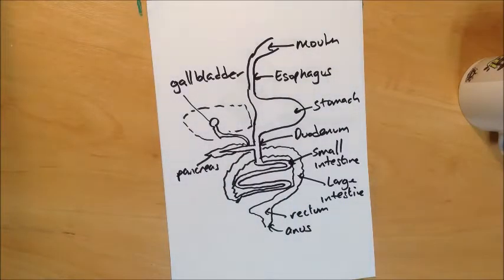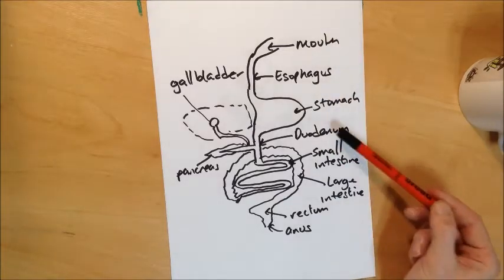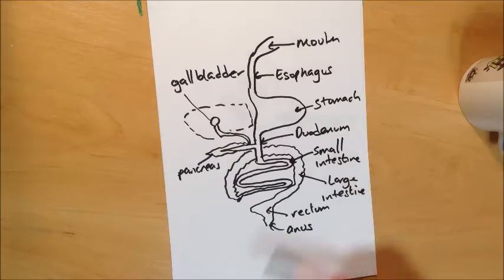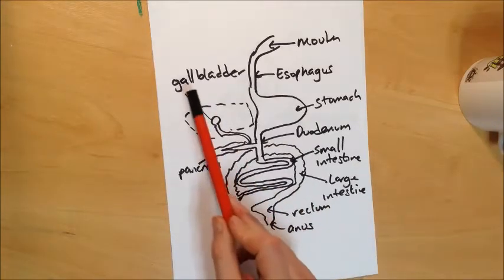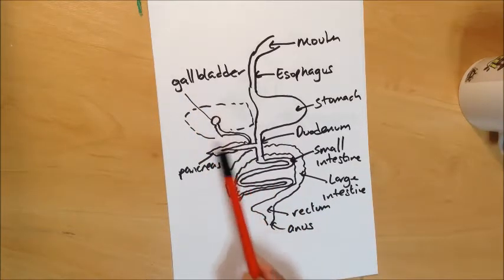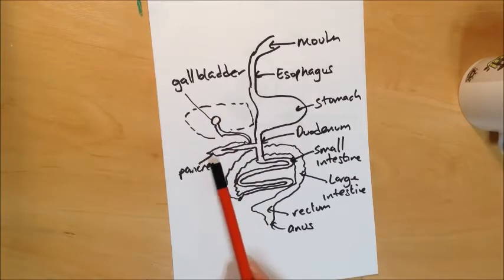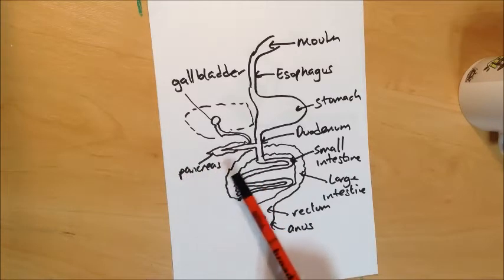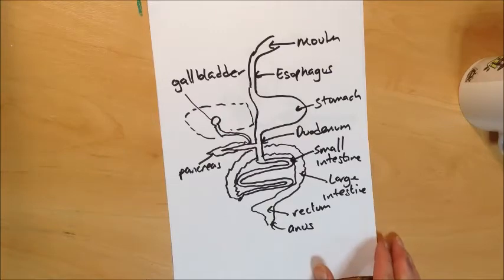The ones that the food passed through: the mouth, the esophagus, the stomach, the duodenum, small intestine, large intestine, rectum, and then anus. And the other organs which are involved, namely the gallbladder, which is situated in the liver, which stores bile, and the pancreas, which produces pancreatic amylase, pancreatic lipase, and also pancreatic protease enzymes. So the pancreas is really a multifunction organ.